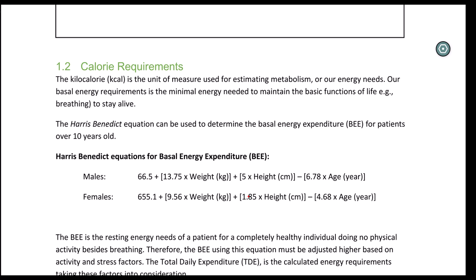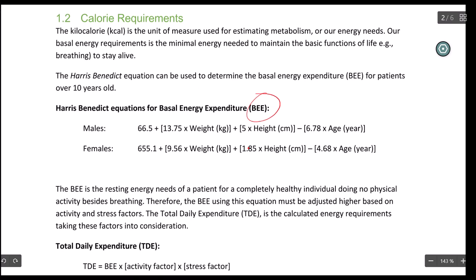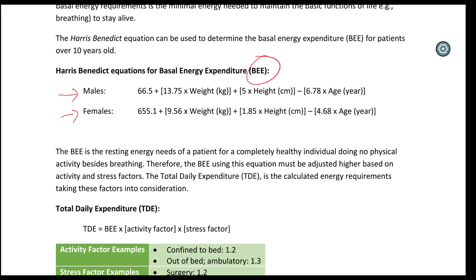And we are going to use the Harris-Benedict equation for basal energy expenditure, BEE. These are the equations. You have to memorize both of them. I'm joking. Of course, I'm not going to have you memorize them. That's useless to do. You should be able to apply them. That's the concept. Read through it, understand it.